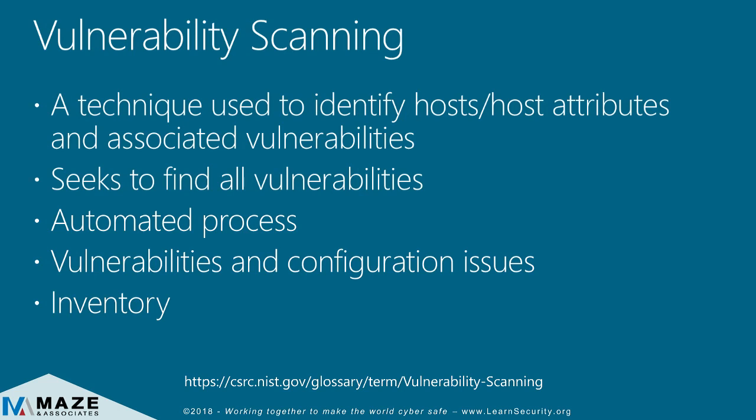So when we talk about vulnerabilities in this instance, we're talking about technical vulnerabilities of applications, systems and hosts. We're not talking about vulnerabilities in process, because you can't scan for a vulnerability in process, but you can look for process vulnerabilities.